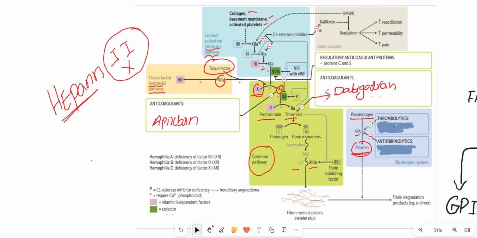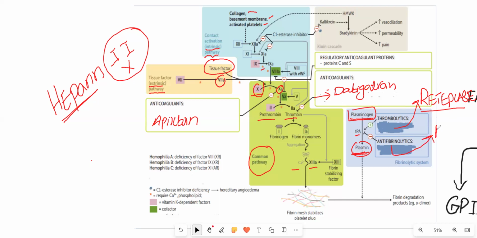That is alteplase, very high yield drug. Some drugs inhibit the conversion of plasminogen into plasmin, again very high yield drugs.